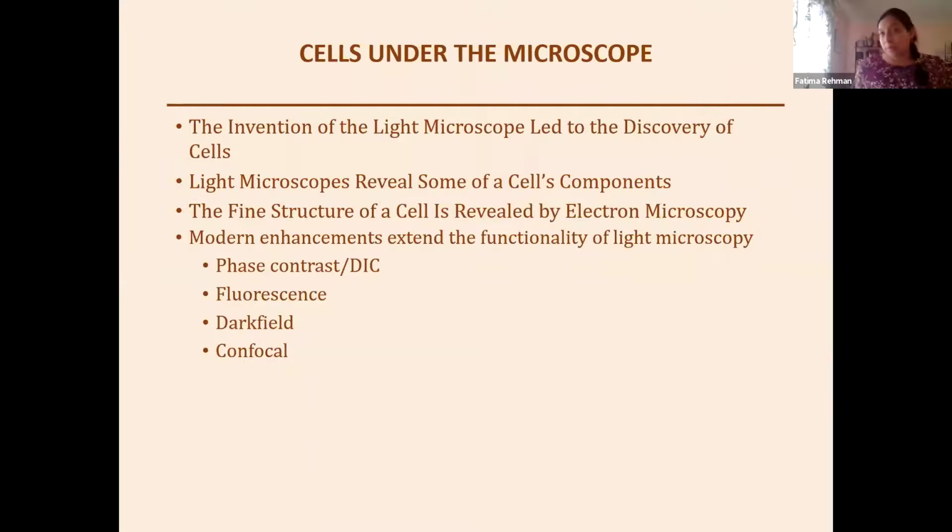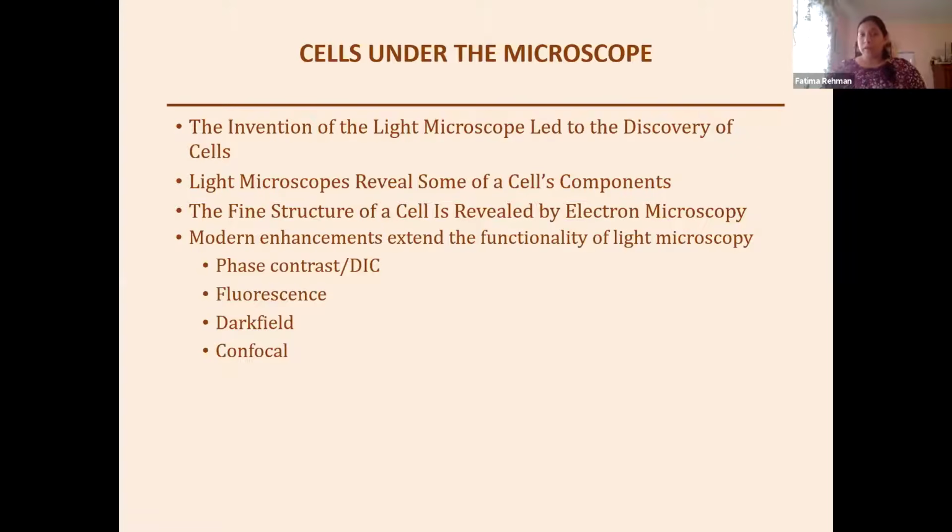Now, how did we learn about all this stuff? It has been through centuries of research and centuries of slow development initially, and then fast development in the last couple hundred years of materials that were used to study these cells at a microscopic level.